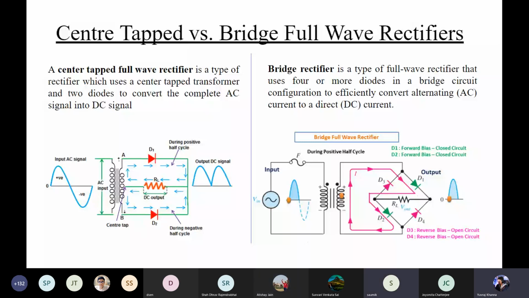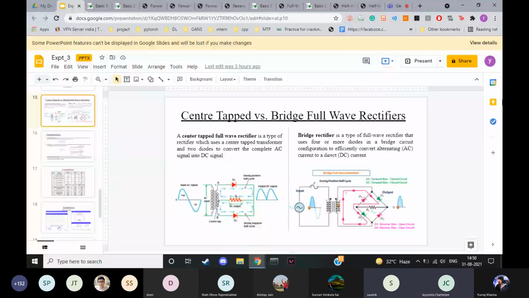No, sir. No, right? Fine. So I think the effective VA rating, what should we do then? Yuvraj, for the experiments in which we don't have any plots, do we print the oscilloscope graphs and just attach them in the report?